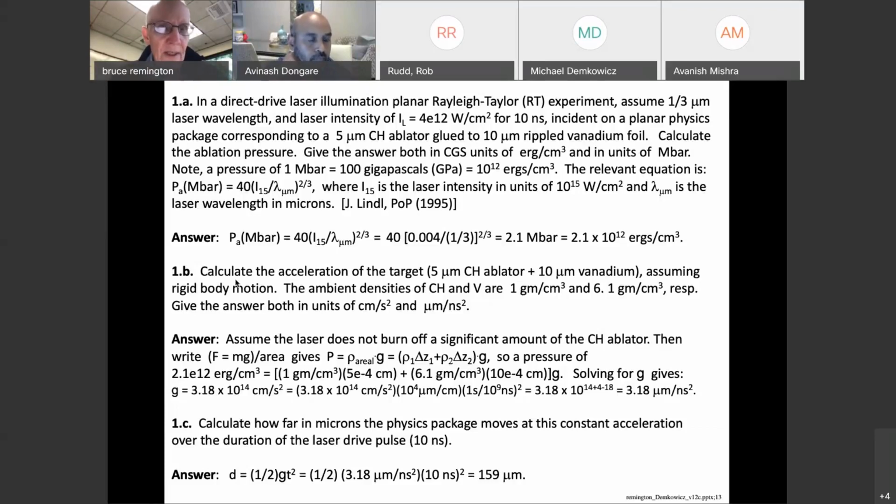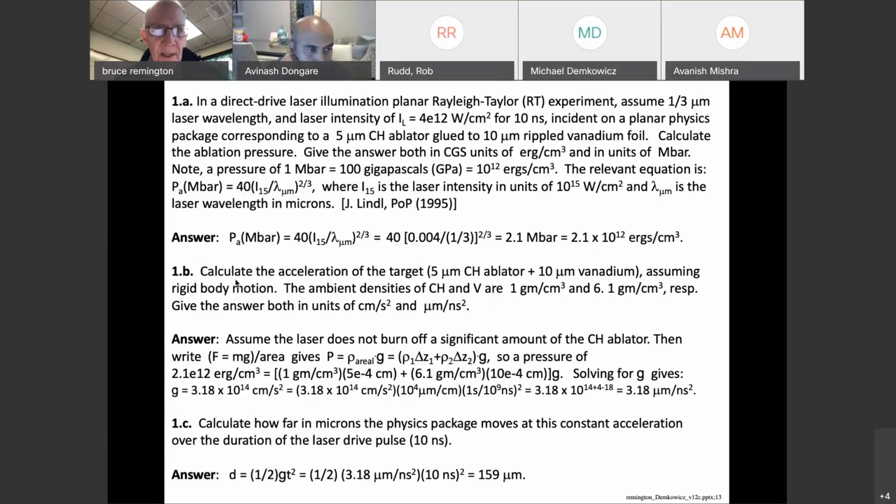Let's see, assume that the laser does not burn off a significant fraction of the CH ablator, then you can write Newton's second law, F equals ma, normalized by the area on both sides of the equation. That gives you the equation pressure equals areal density times acceleration, where I'm using g for acceleration.